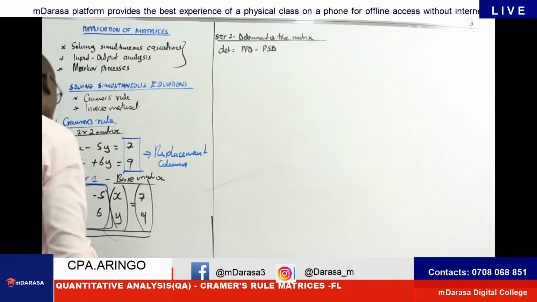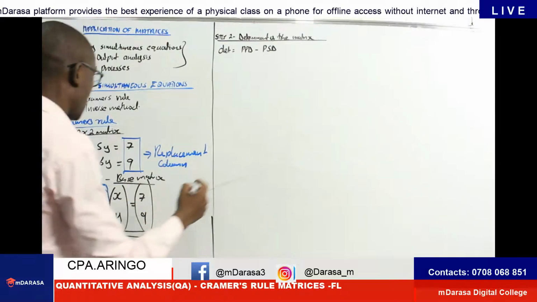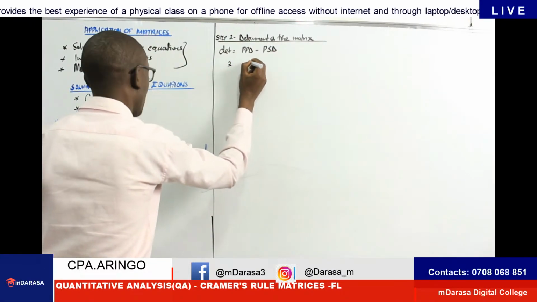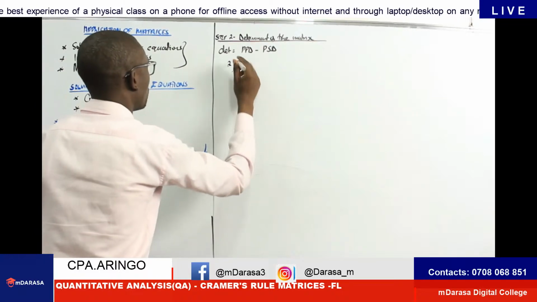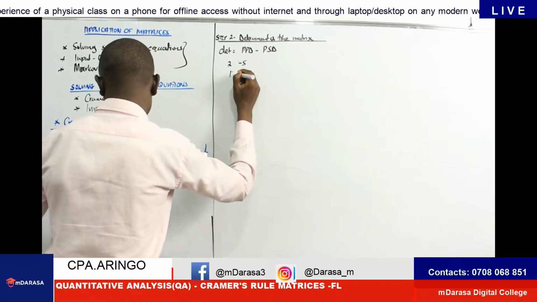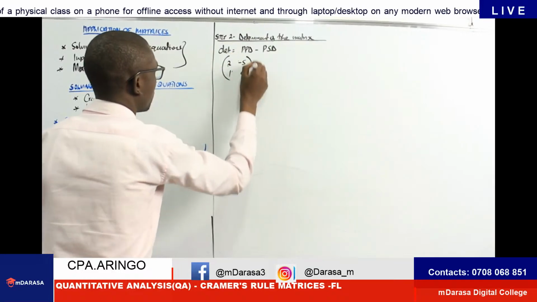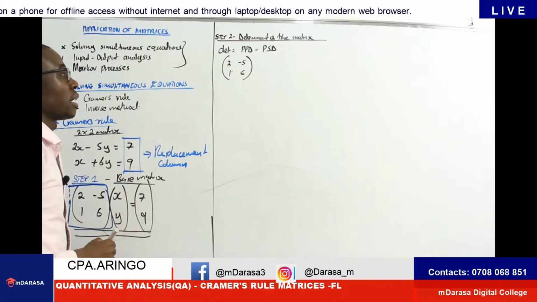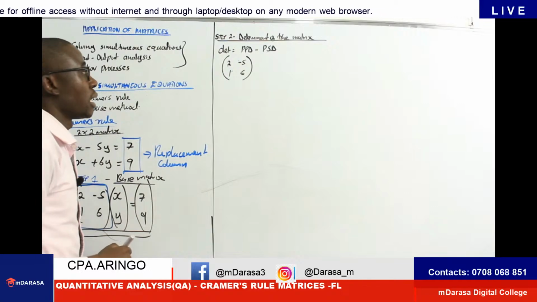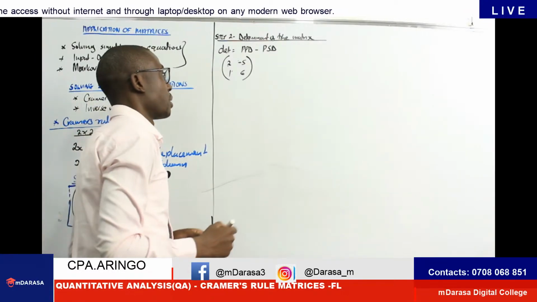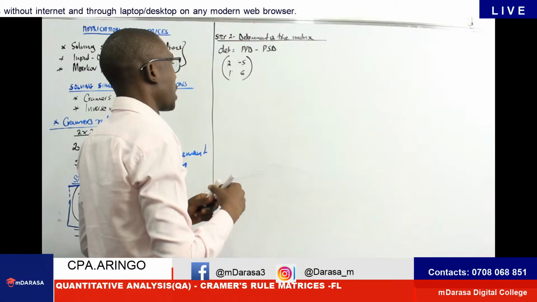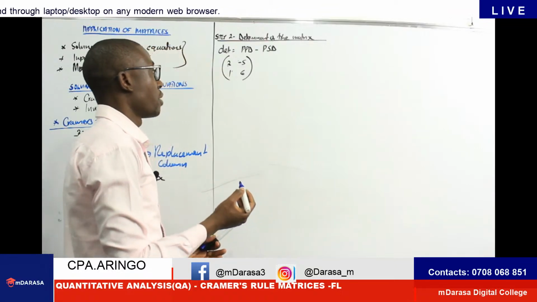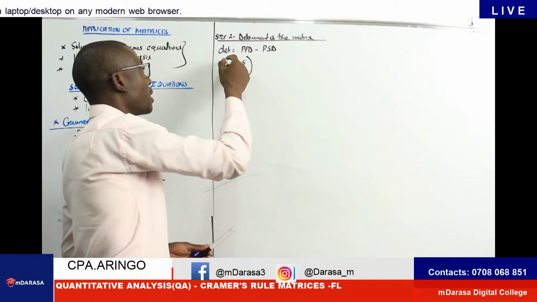Take our base matrix. We've said you should be having 2, minus 5, 1 and 6. These are the base matrix. So how will we determine our determinant? Product of the primary diagonal. Of course, we are very good at identifying our primary diagonal, right?